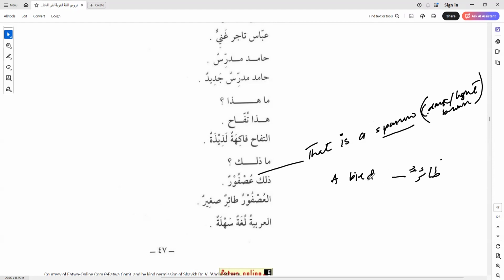Then صغير, small. So that's why I said a sparrow is a small or very little bird. Especially those in America here, they are dark brown. And you see them in Africa, they are light brown. Maybe the weather.